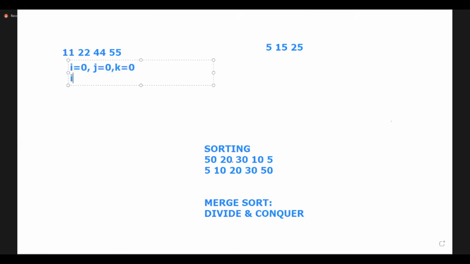What is the condition? I less than N1 and logical and J less than N2. Here N1 is 4, N2 is 3. Okay, this condition is true.